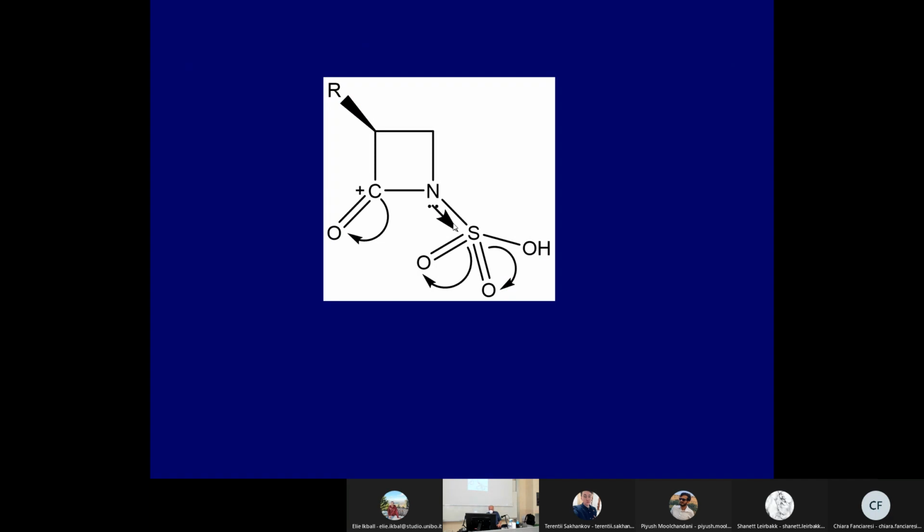You can see the chemical behavior of this type of ring. Once again, you can see the reactivity of the carbonyl that can be attacked by transpeptidases.